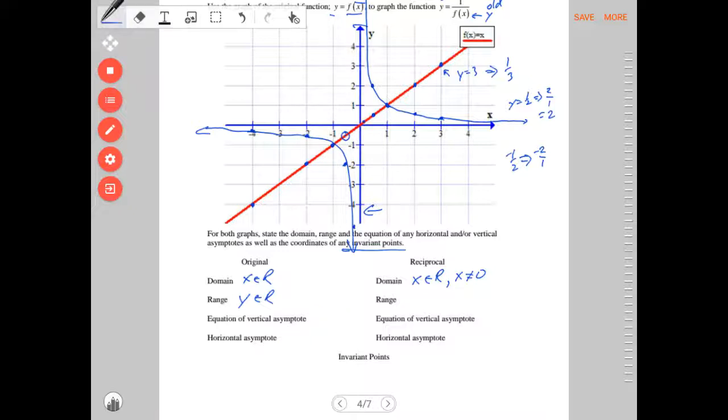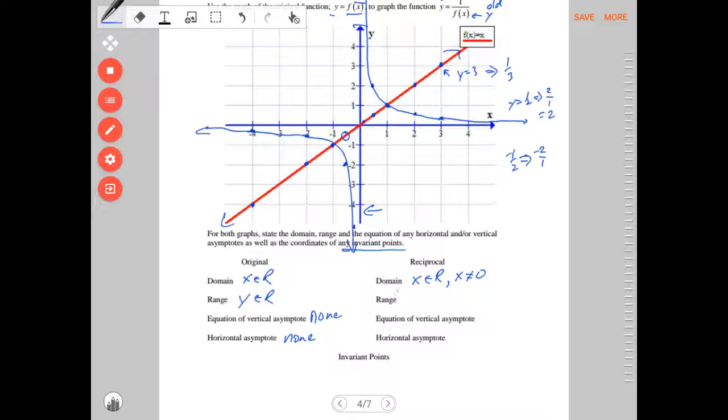On this original graph, remember, there's no vertical asymptote on the red line up here. That just goes on forever. There's nothing we get close to and don't touch. The horizontal asymptote, there's none of those either. So there's no vertical or horizontal asymptote for the red line.